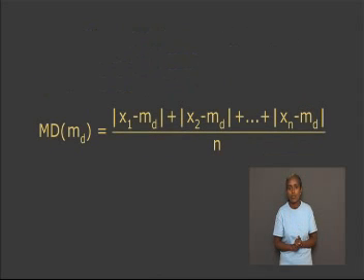To find the mean deviation about the median, use the median in place of the mean and proceed the same way. The mean deviation about the mode is calculated in the same manner.